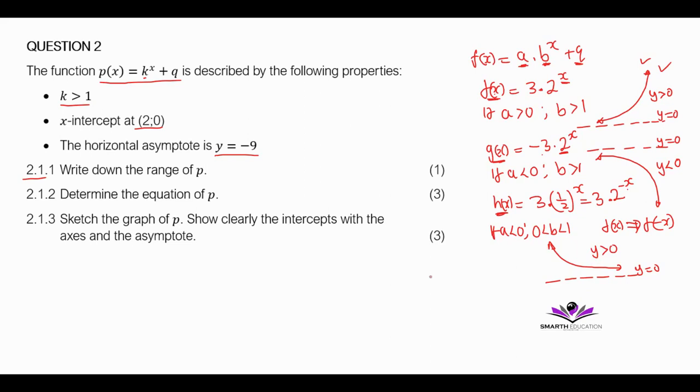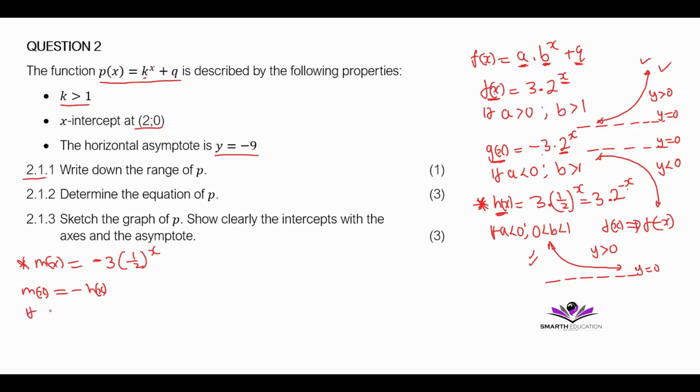And then the last one, let's call it m of x. m of x is equal to -3 times 1 over 2 to the power x. If you check h of x and m of x, you will see that m of x is actually negative h of x. So m of x is a reflection of h of x about the x-axis.